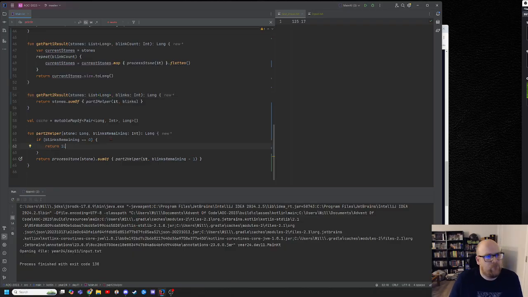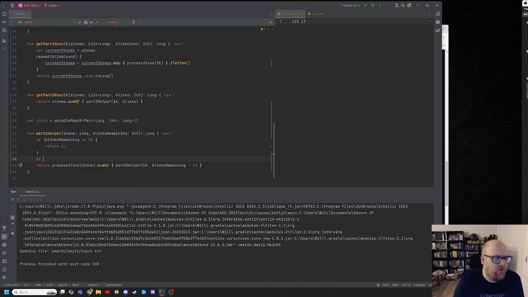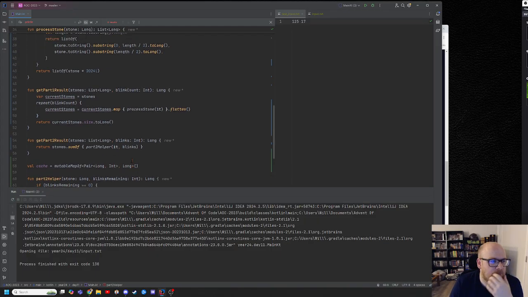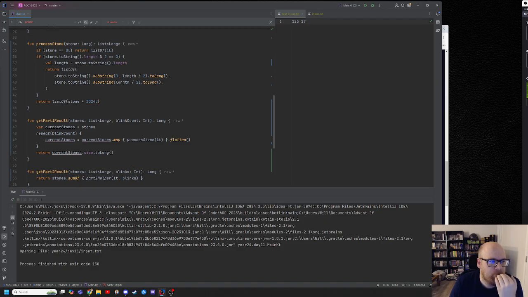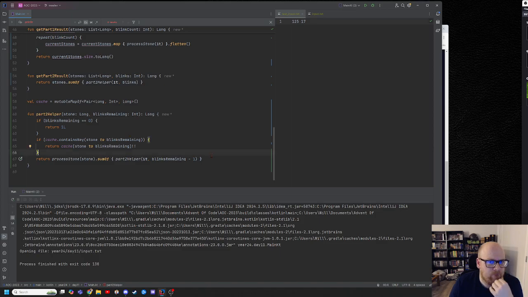So if hash dot contains key stone to blinks remaining. I mean, this looks Fibonacci-esque.